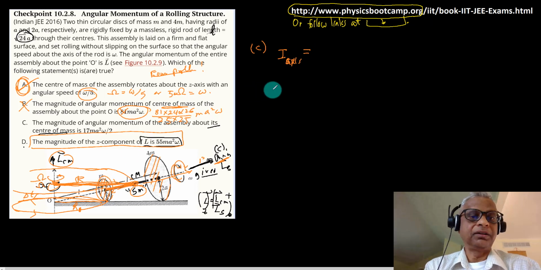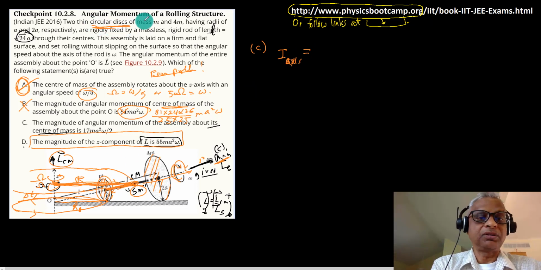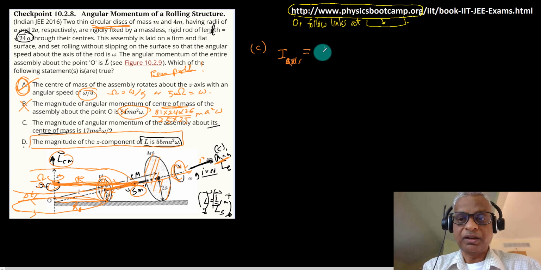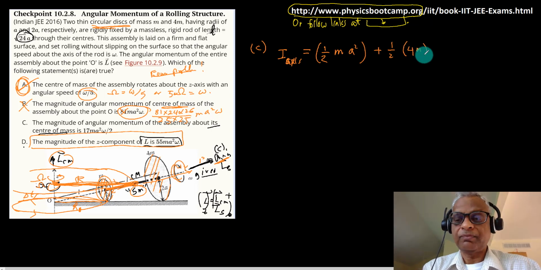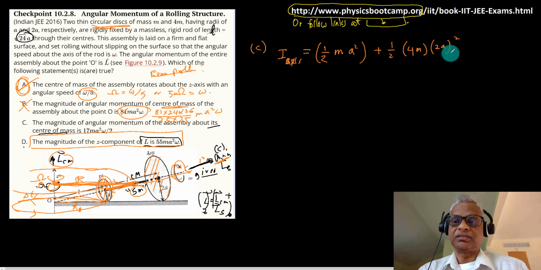These are disks. Make sure that they're circular disks. So about this axis it is going to have m a square for the little disk plus half of 4m times 2a square for the large disk.